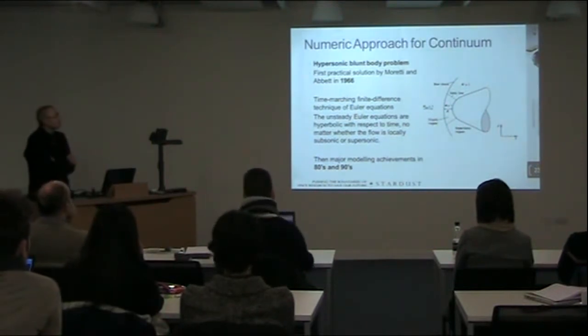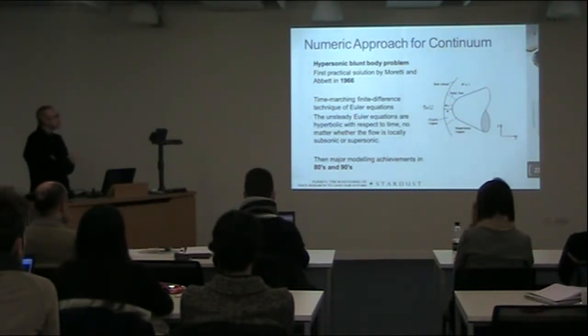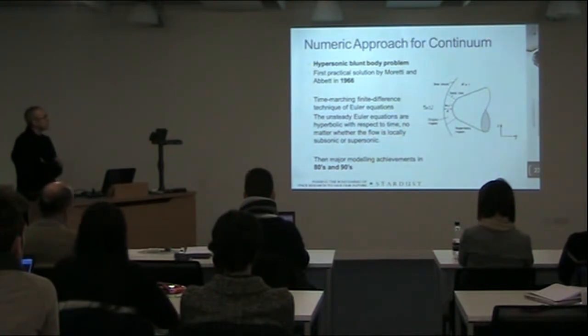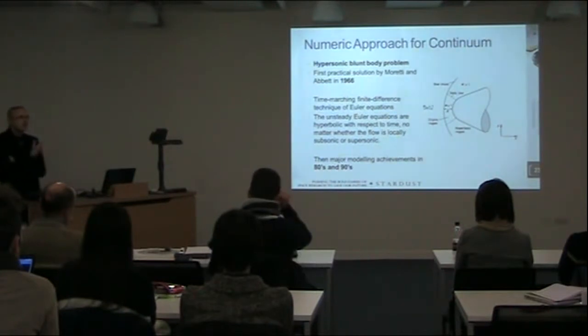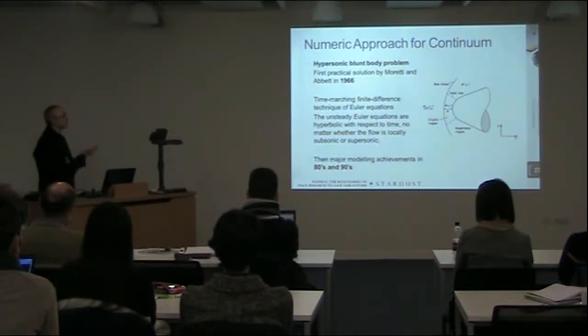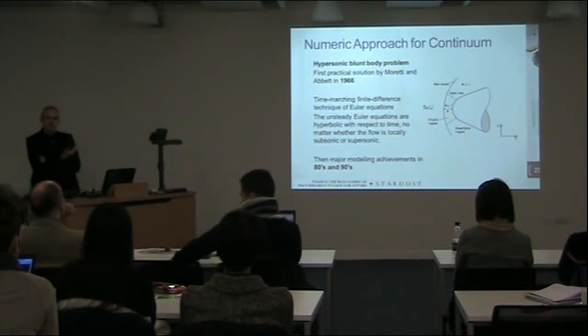It was an envisaged problem that was impossible to solve at that time, because people could not understand how to solve the flow behind the shock, where you have, for example, in this case, a region where the flow is subsonic and a region where the flow is supersonic. The equations that describe these two different regimes are different, and there was no fine numerical solution for that.